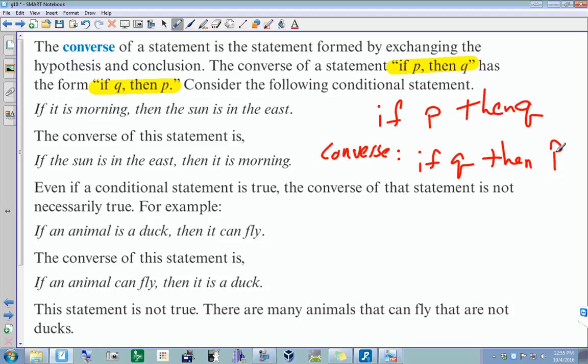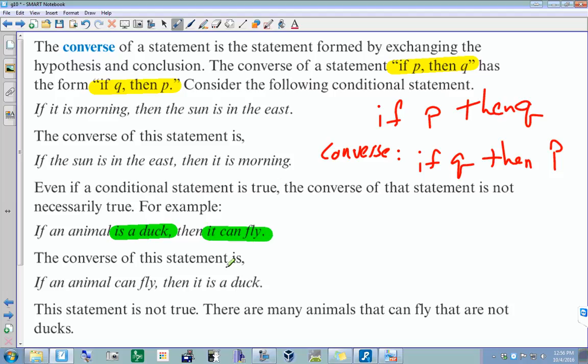Now, there's also something else I want to point out here. When I take a look at this, it says if an animal is a duck. Well, we're talking about an animal and an object, so we need a little bit of a qualifier. This is going to be the hypothesis. This is the conclusion: is a duck, it can fly.